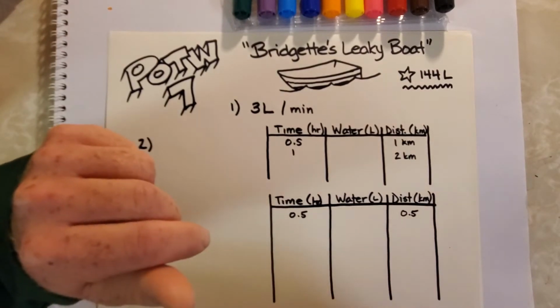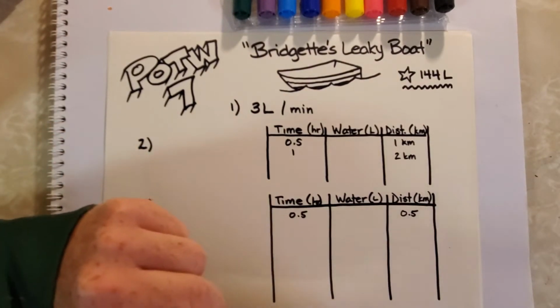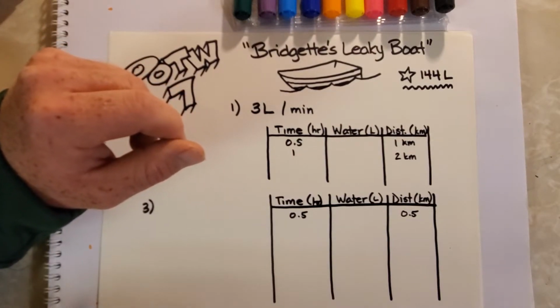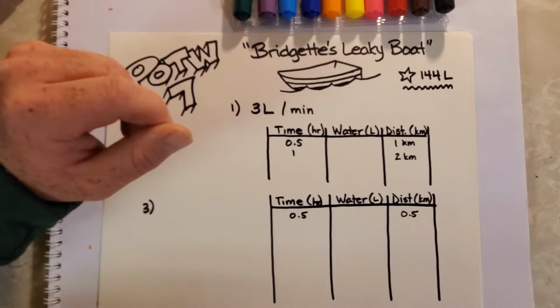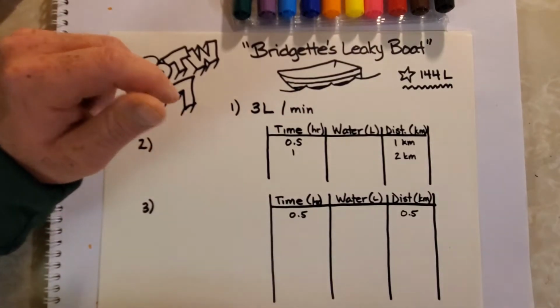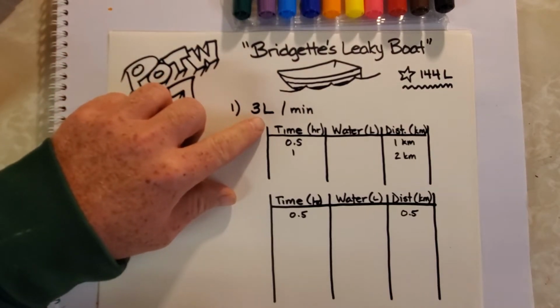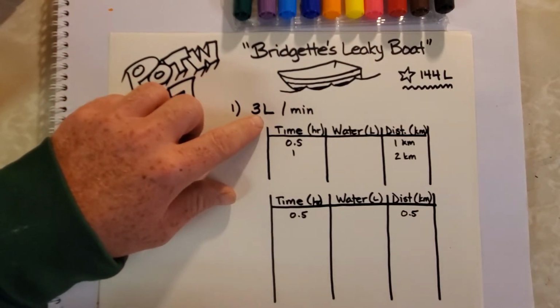Question A says, if Bridget does not bail out any water, how much water would there be in the boat after 1 minute? And what about after 30 minutes? We already know that in 1 minute, the boat will fill with 3 liters of water.